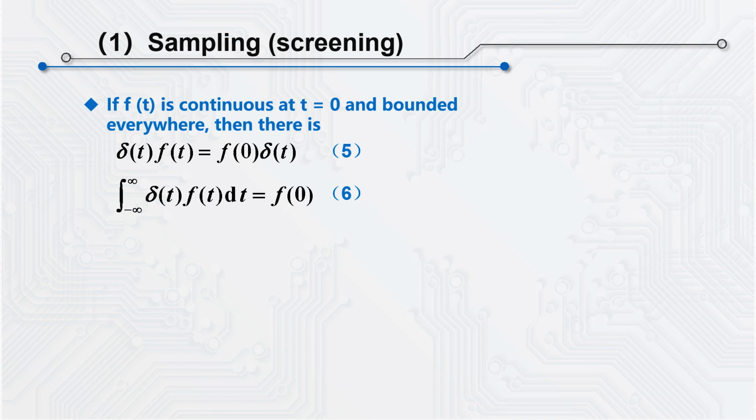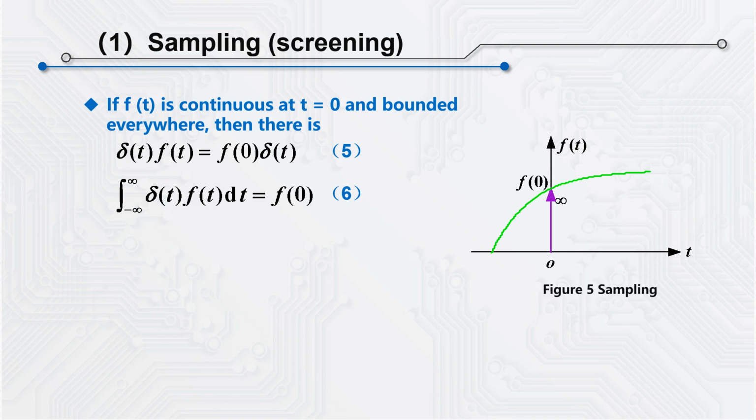In formula 5, delta t times ft is equal to f0 times delta t. You must notice f0 times delta t is still a function. In formula 6, integrating delta t times ft, we can get the value of f0, which is the screening of delta t. In this way, we screen the value of ft.